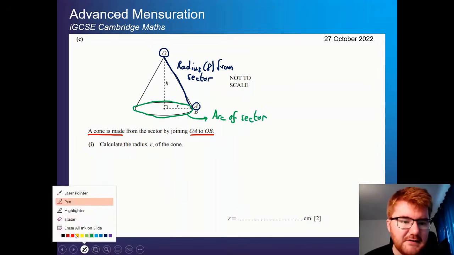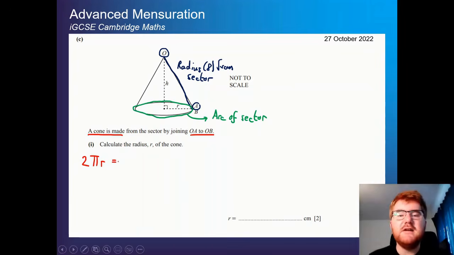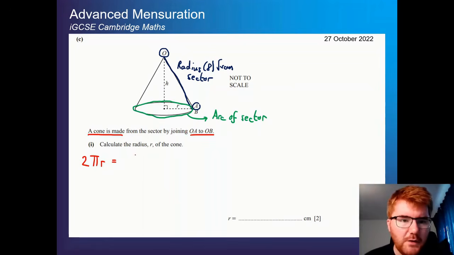So let's then do these two parts of the question. First of all, we want to work out the radius of this cone. Well, remember the circumference of a circle is equal to 2 pi r, and that's going to be equal to the sector that we looked at before. So remember, we had 165 over 360 times 2 times pi times 8.